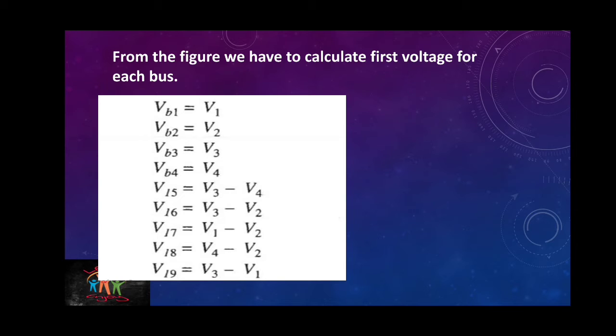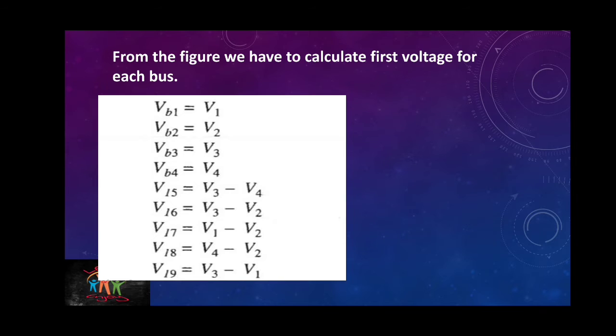You can see here we have 4 branches and 5 cotree branches, or you can say links. Okay, so what is VB1 here? VB1 is what? 1. Here we have nodes 1, 2, 3 and 4. So V1 is like a 1.